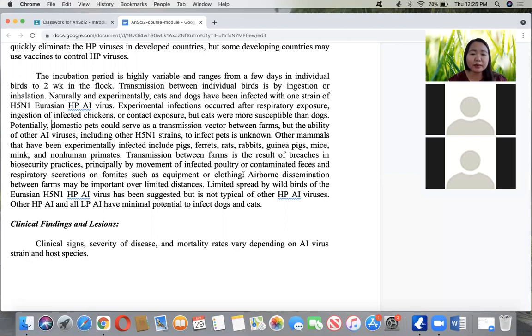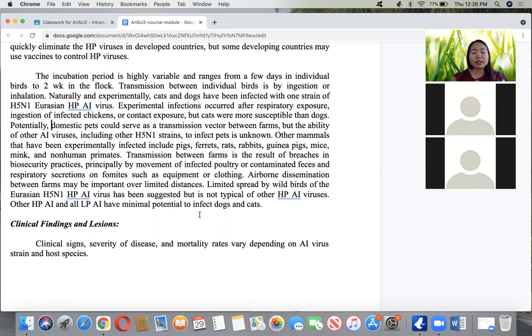So transmission could also be through contaminated feces and respiratory secretions, through equipment or clothing, or airborne dissemination between farms. However, there is limited spread by wild birds of these types of virus, not typically HPAI virus.